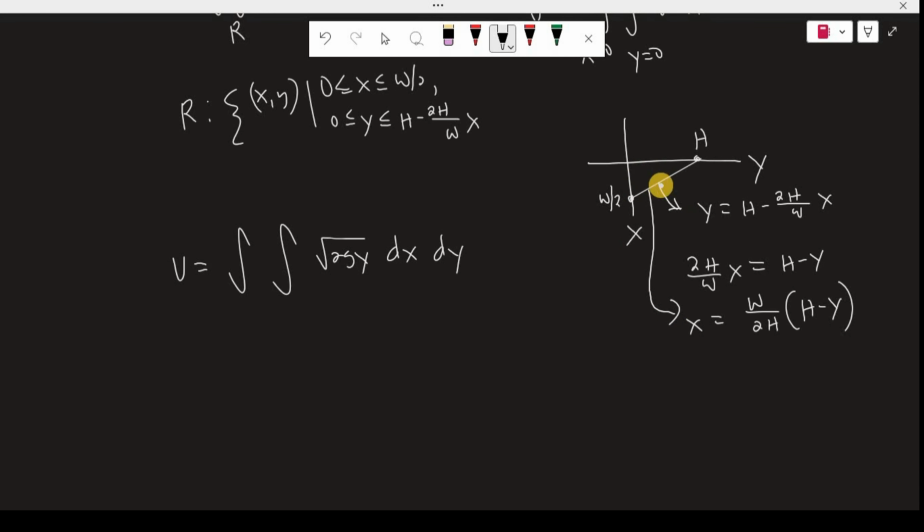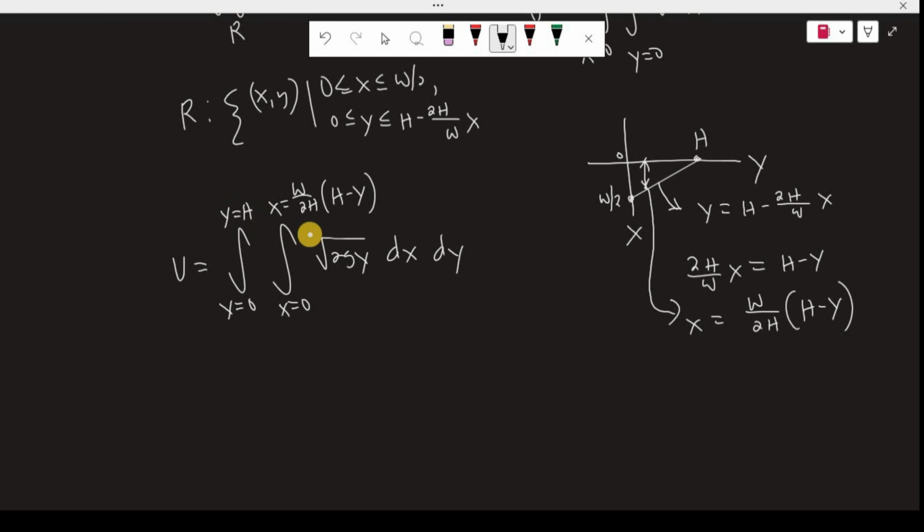So if we integrate first with respect to x, from x equals 0 to x equals w over 2h times (h minus y), and then with respect to y, from 0 to h, so y equals 0, y equals h.